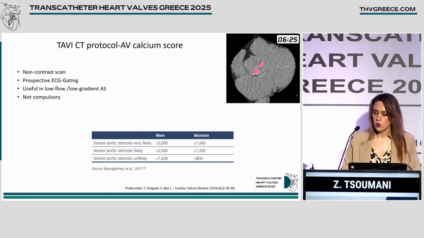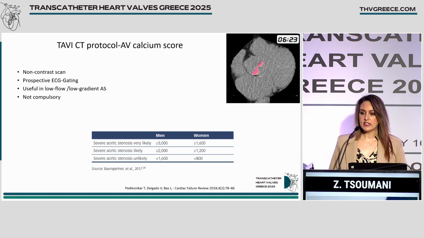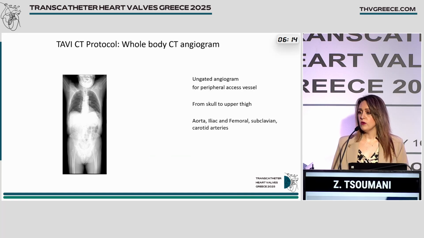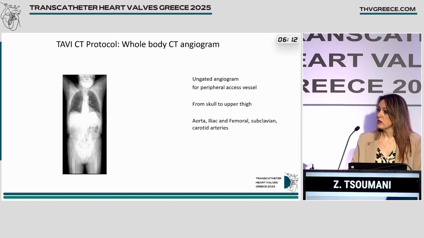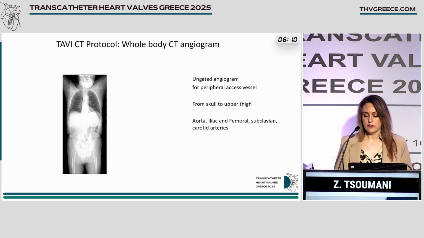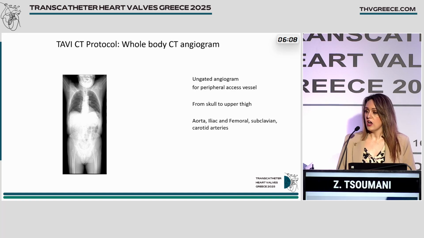It has been shown to provide excellent discrimination for severe aortic stenosis using gender-specific thresholds. How we scan the patient depends on our scanner and the technology it has.